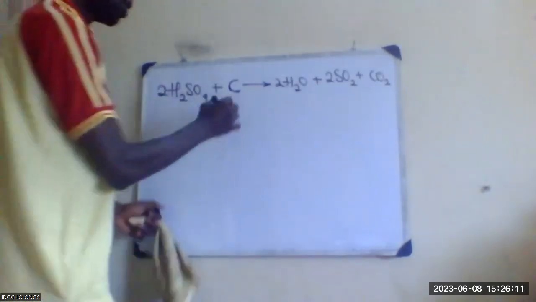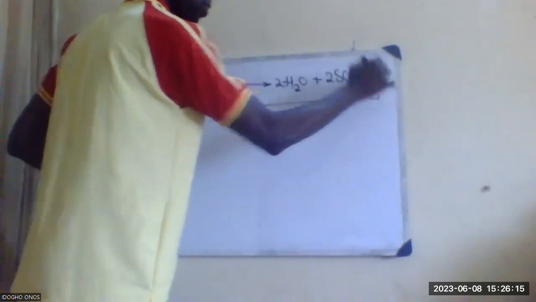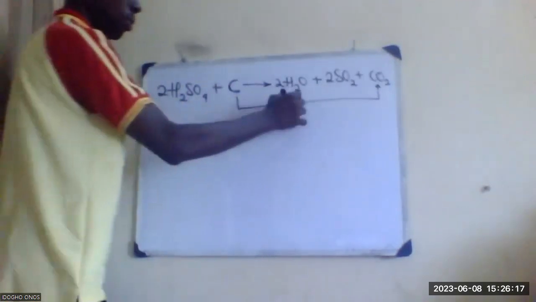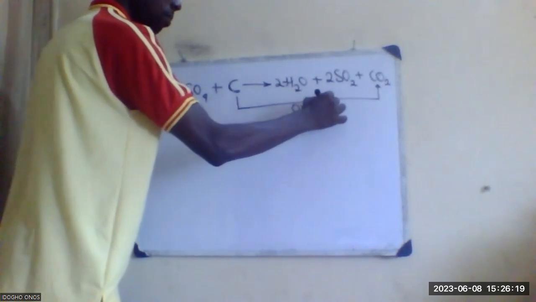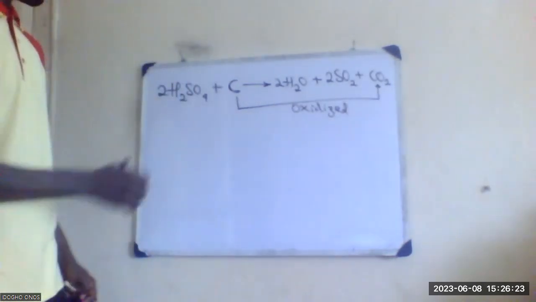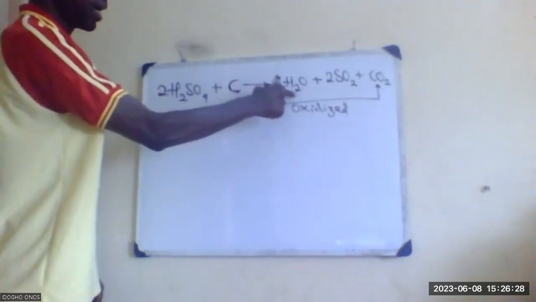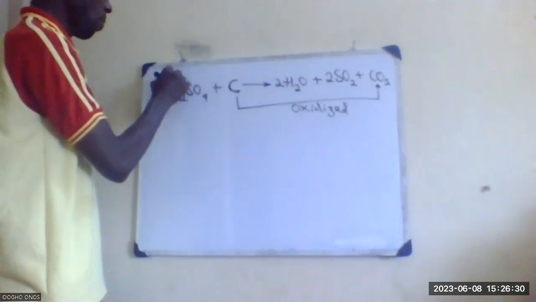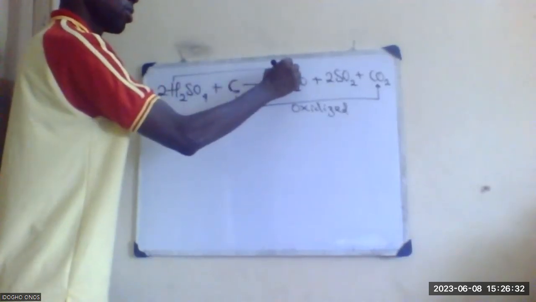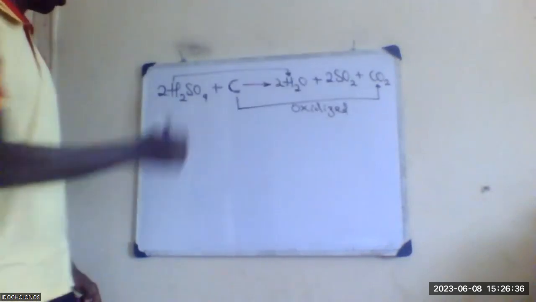So this carbon has been oxidized. Then my hydrogen here is 4, 2 times 2, 4, so it is a reducing agent. Hydrogen here is also 4. So we link this one to H2SO4, which is reduced.